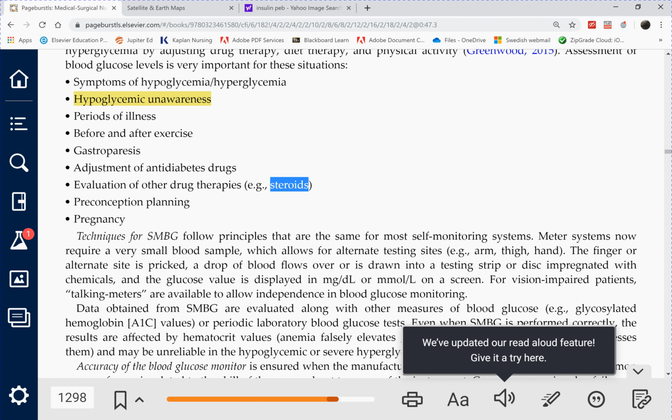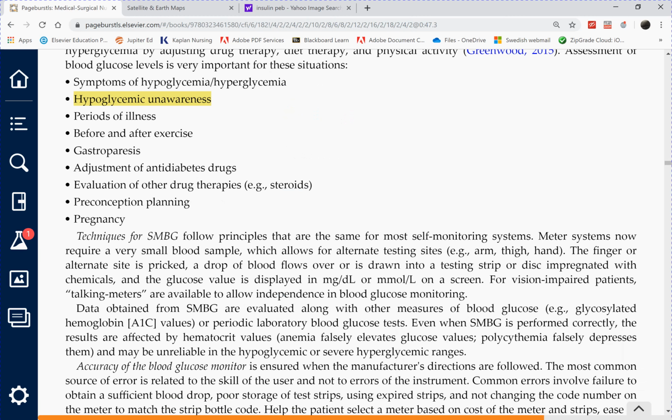For instance, let's say you're taking steroids for asthma, or for an exacerbation of COPD. Okay, or if you have to take steroids because you have received a solid organ transplant, for instance, or during pregnancy. Okay, you have to make adjustments as a diabetic.